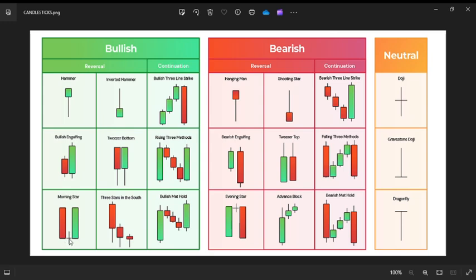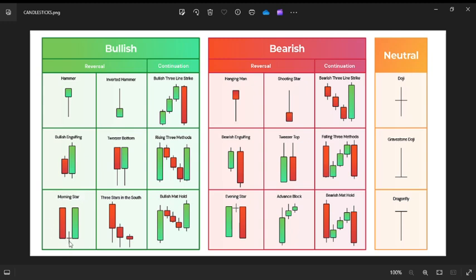Then after that, there is a strong bullish candlestick, which could be a marubozu or a bullish engulfing candlestick forming after the doji. This is indicative that the market is about to move to an upside and you look for opportunity to buy. So this is called a morning star pattern.